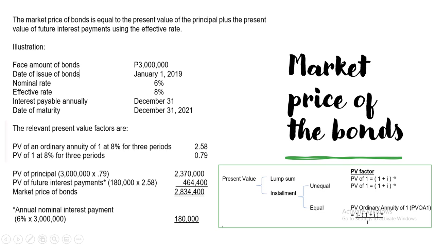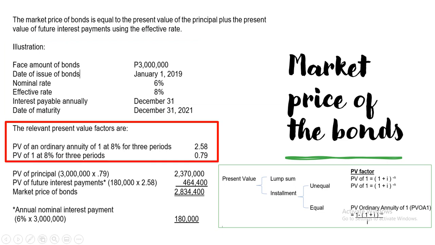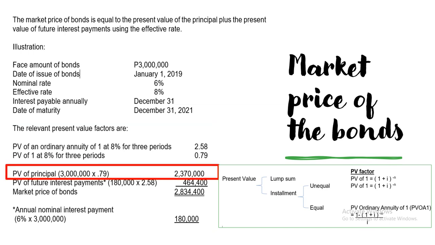So the relevant present value factors here are the present value of 1 and present value ordinary annuity of 1, which is 2.58 and 0.79 respectively. So let's compute now for the present value of principal and the present value of the interest payment. So for present value of principal, 3 million, which is the face amount of the bonds, multiplied by 0.79.